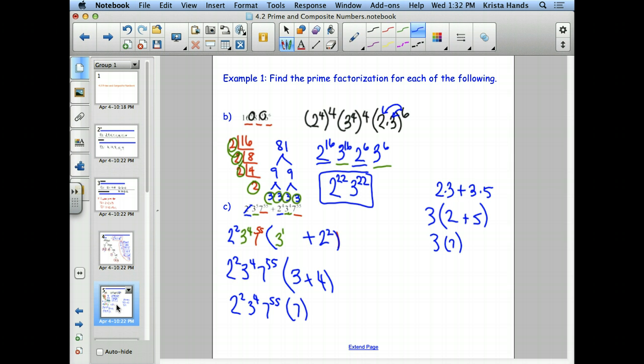And then I've got to combine something. This is a 7 to the 55th, and this is a 7 to the 1. So this is 2 squared, 3 to the 4th, 7 to the 56th.